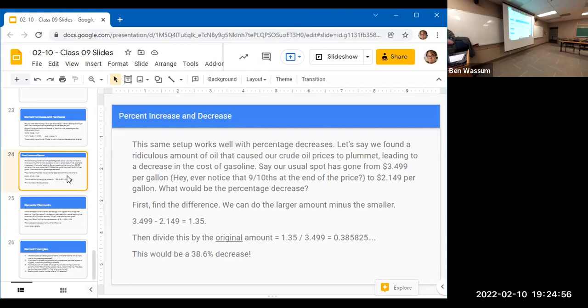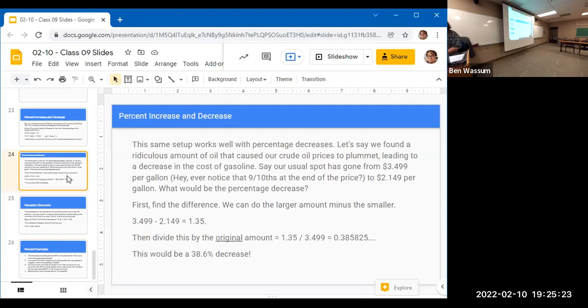And then just like that last one, you want to divide by the original amount. So you went from 3.499. So that's what you're going to end up dividing with. So you have the 1.35, and you're dividing it by 3.499.